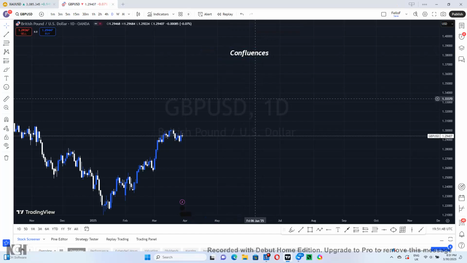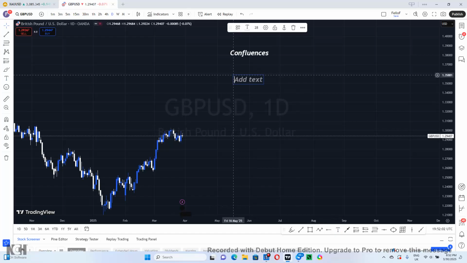The first thing we need to talk about is candlestick patterns. First, you need to know what candlesticks are. All that you see on this chart, these green, blue and white bars, represent candlesticks. We use Japanese candlesticks to trade.